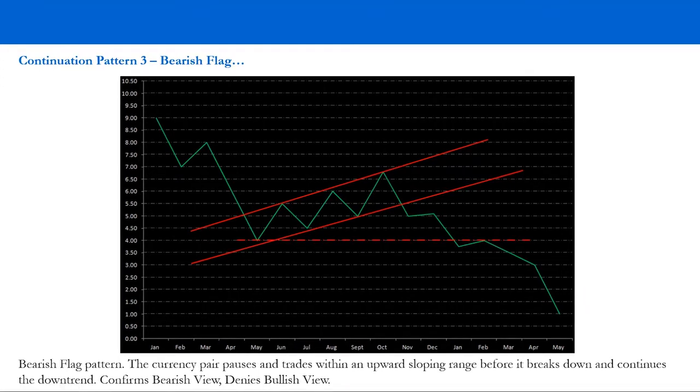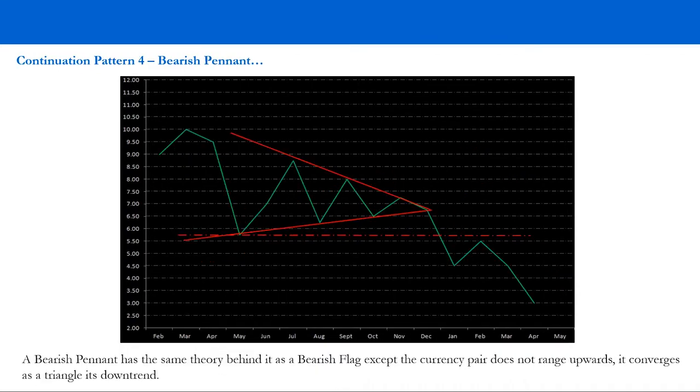So if we were to guess what our final continuation pattern is, it should be fairly straightforward. Yep, you've guessed it, it's a bearish pennant. And a bearish pennant obviously has the same theory behind it as a bearish flag, except the currency pair doesn't trade in an upwards range. It converges as a triangle and the trend is downwards.